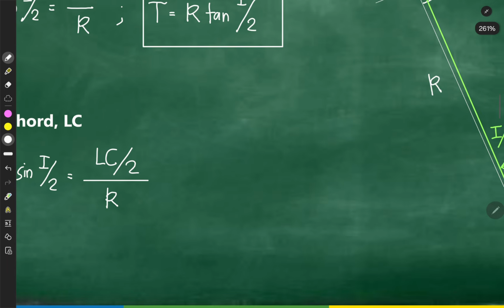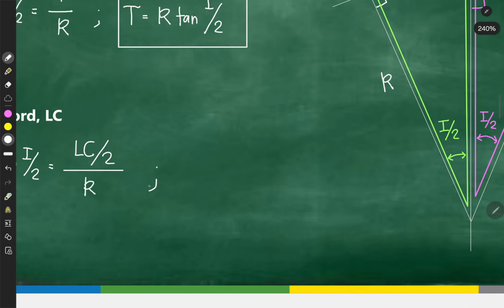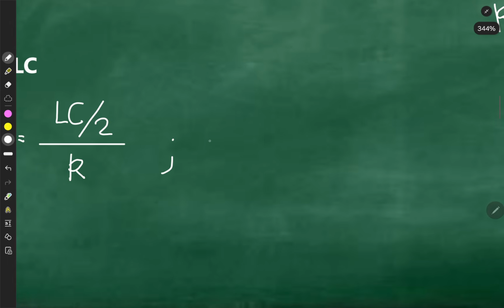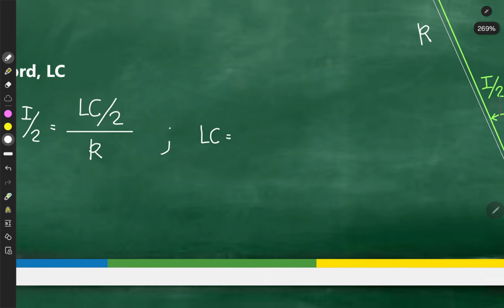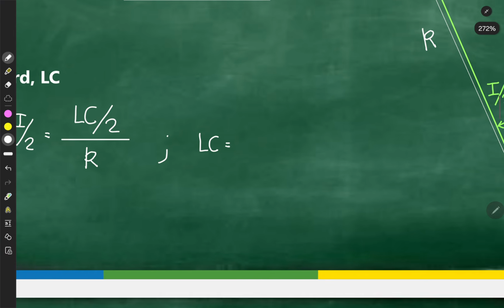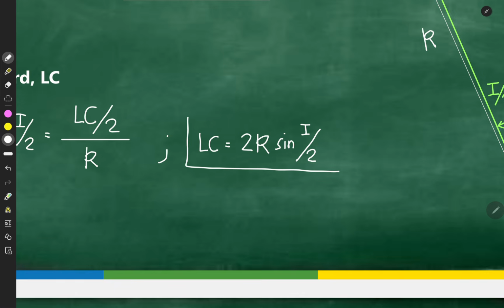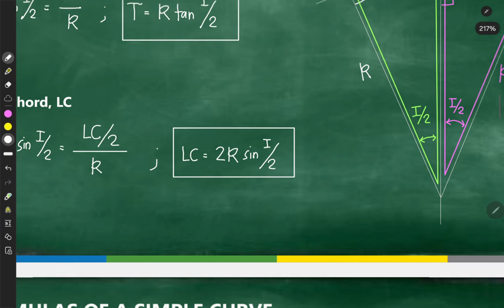So cross multiply, we can say that LC long chord is just equivalent to, iwan natin yung 2 sa baba, then cross multiply, we can say that this is 2R sine I over 2. And this is now our formula for our long chord.